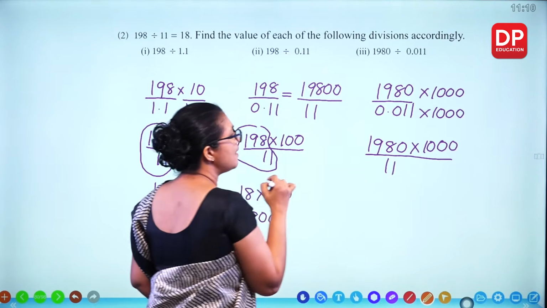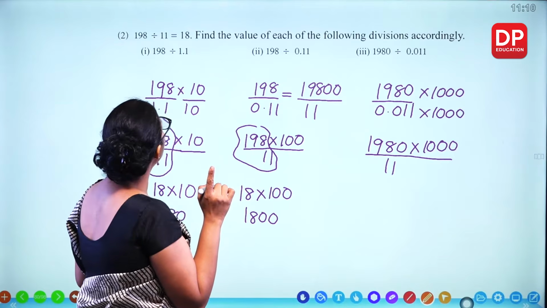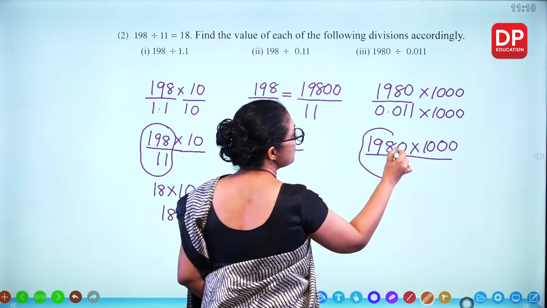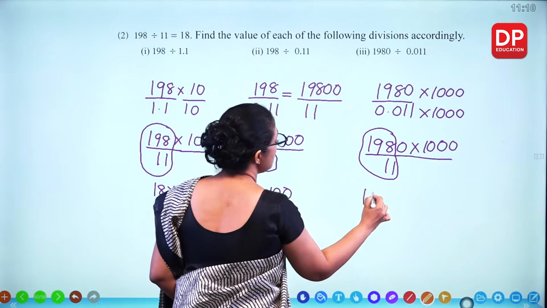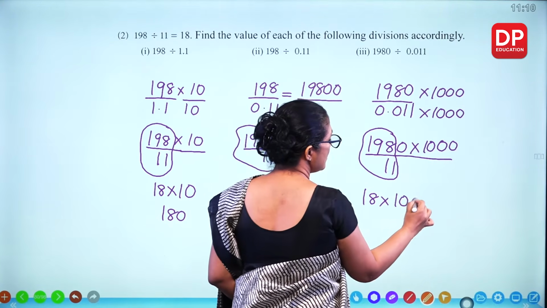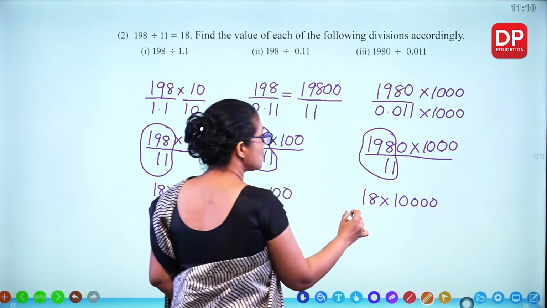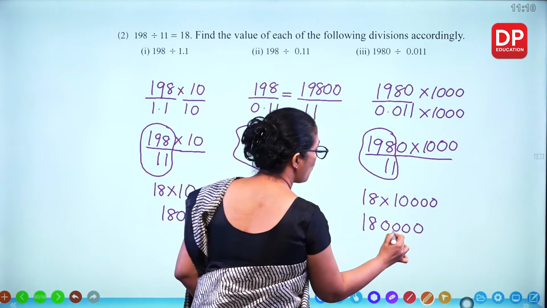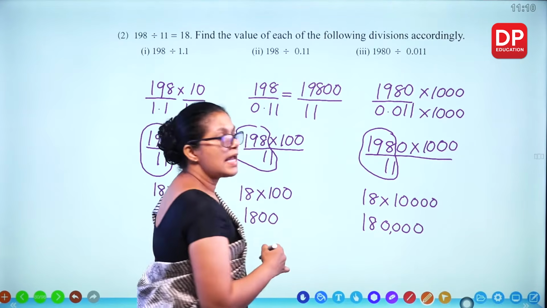Here you get 11. Now 198 over 11 we know this one. So that means 18 multiplied by this 3 and this 1 multiplied by 10,000. So what you get? 1, 2, 3, 4. 180,000.